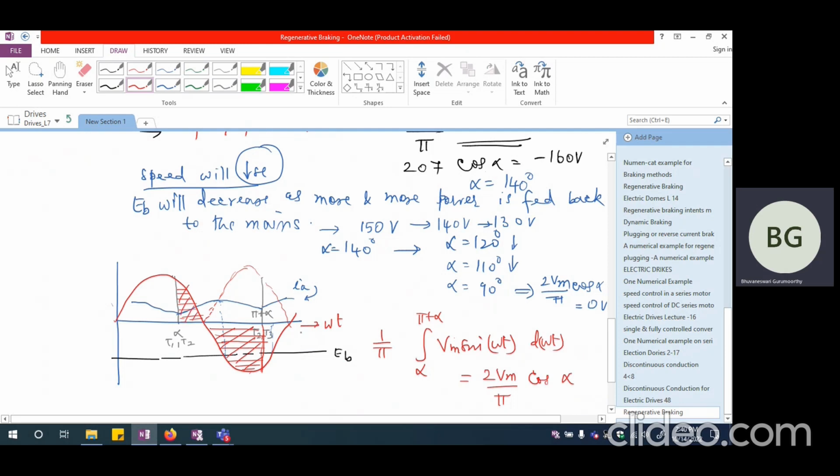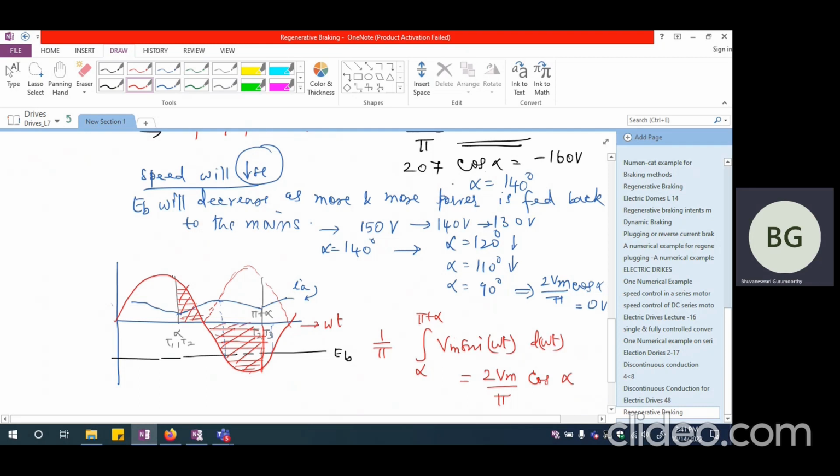The positive portion is much smaller than the negative portion. That is the reason why the overall value across the armature is going to be negative. Instantaneously, there will be positive excursion as well as negative excursion of voltage, but on an average basis, it is mainly negative. The average value is negative.